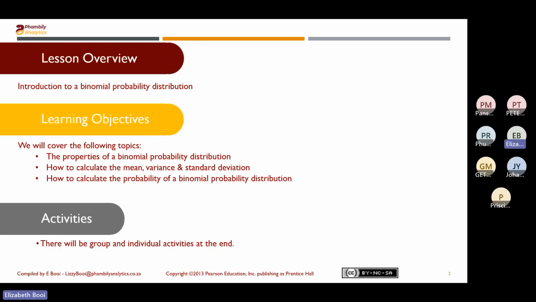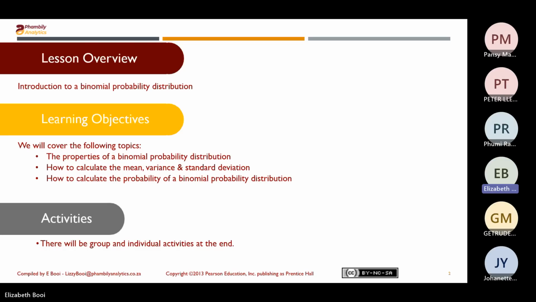Now, before I even start, I just want to make you aware that in terms of your module, with everything that we do, you are expected to know the content in terms of the properties, and you have to learn how to do some calculations.